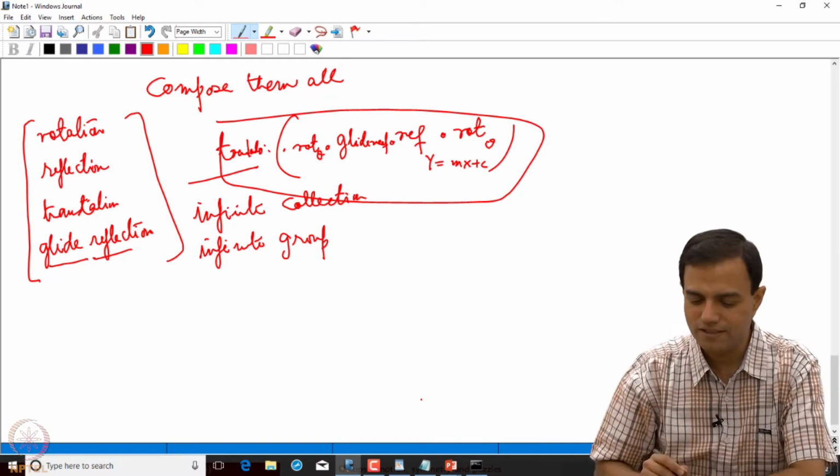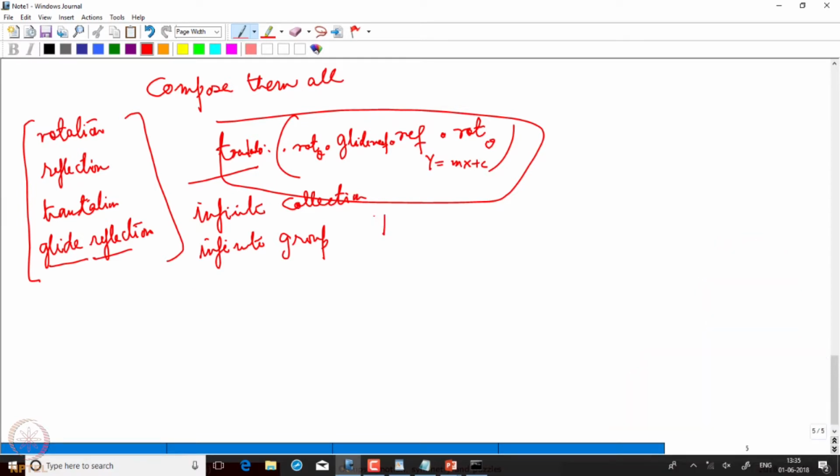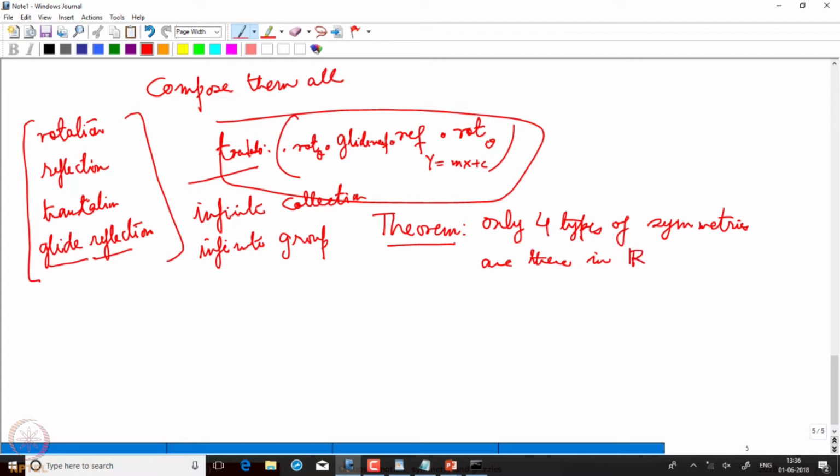a theorem, that's a serious theorem. So what's the theorem? Only 4 types of symmetries are there in R2. So when I talk of symmetries here, I mean isometries, right?